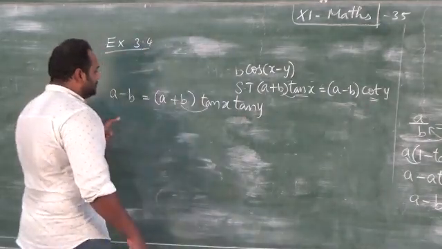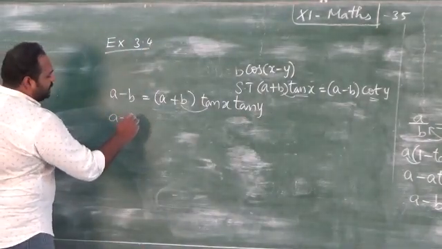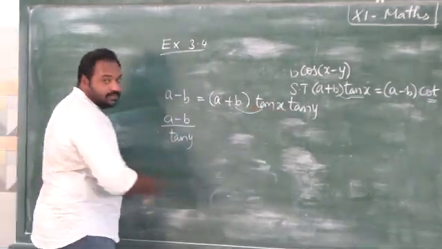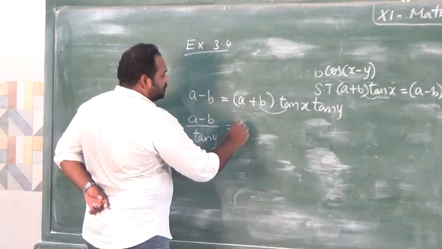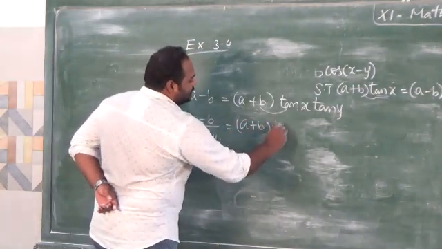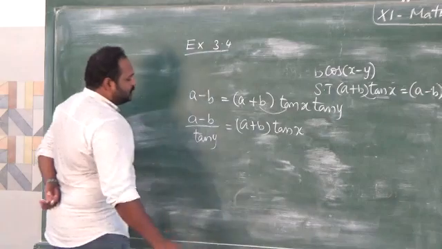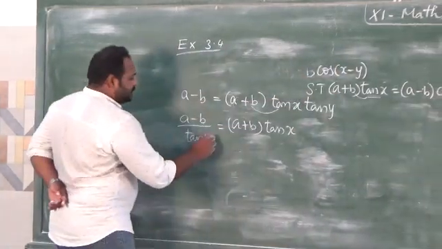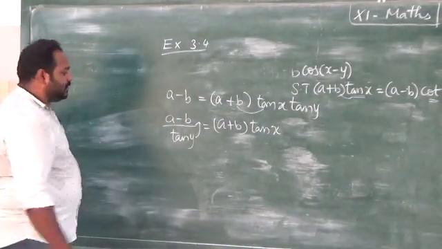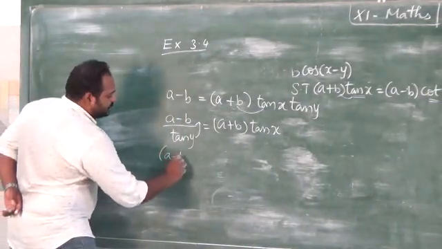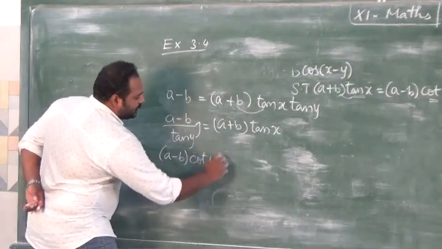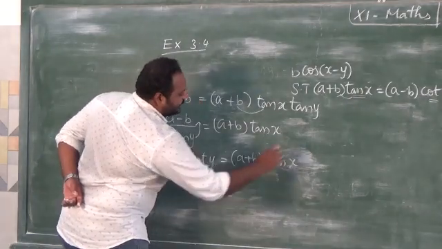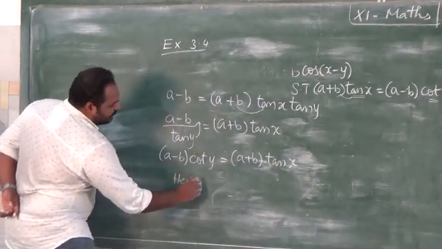We can bring this tan y to this side, as a division: (A − B) divided by tan y equals (A + B) tan x. Now we need the cot y answer, so we take the reciprocal of tan y, which is cot: (A − B) cot y = (A + B) tan x. Hence proved.